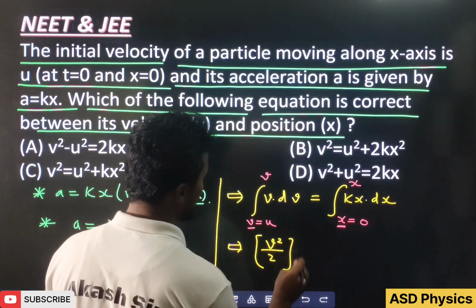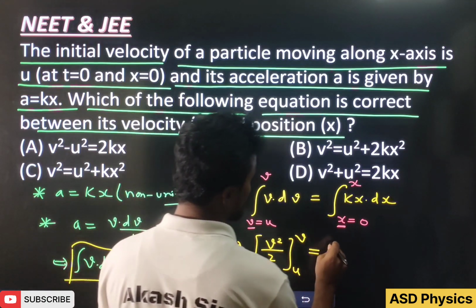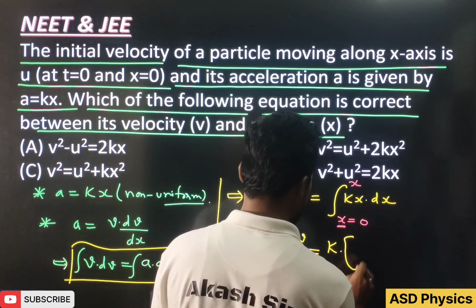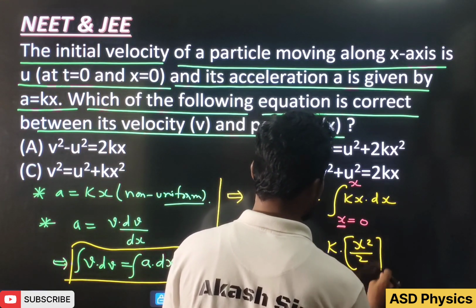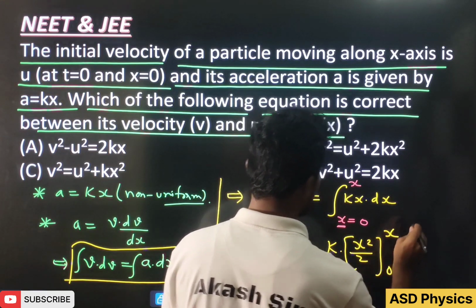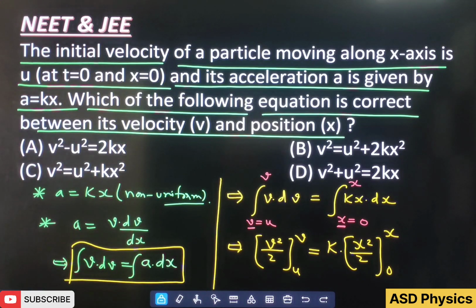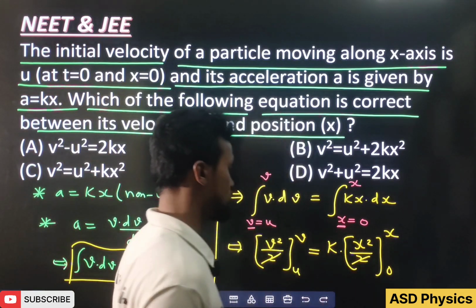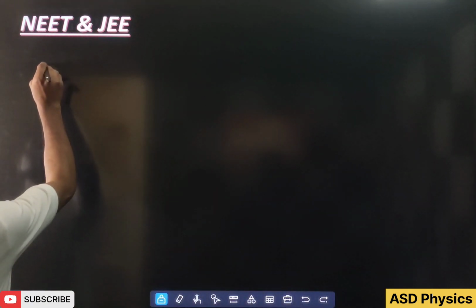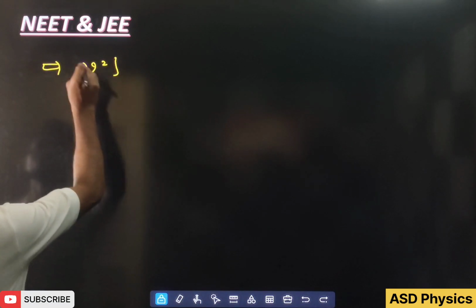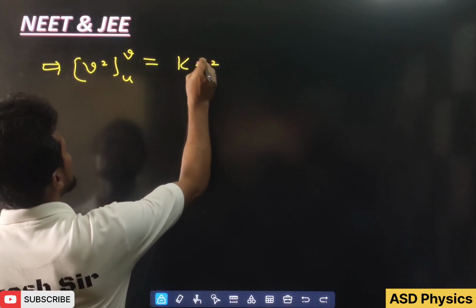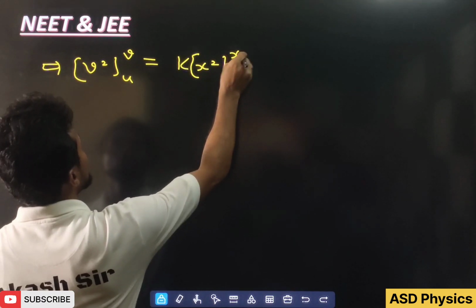Put the limits u to v is equal to k, which is a constant so it comes outside, integration of x dx. It will become x square by 2, with limits 0 to x. Then we just put the limits. You can cancel this 2 and 2 also, no problem. So this will become v square with limits u to v, and kx square with limits 0 to x.